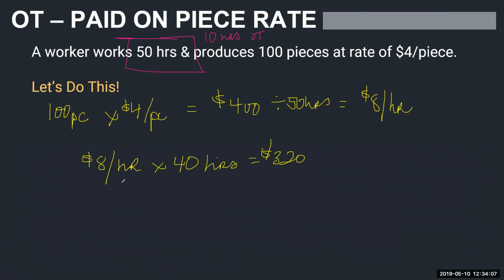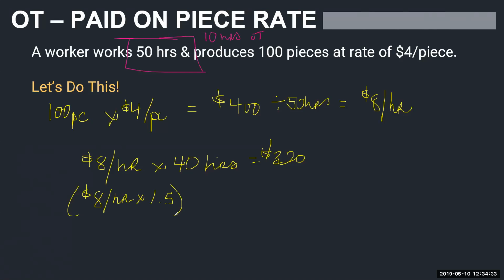Perfect. Now we want to calculate overtime. Overtime is always going to be your regular rate of pay, which is $8 an hour, times 1.5, and that's the incentive for working overtime. So you're basically going to add another half. Otherwise, people may not really want to work overtime.